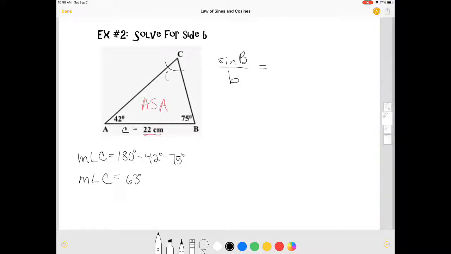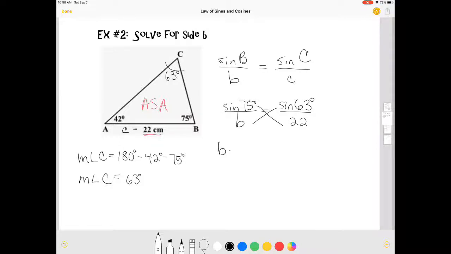So I can put that in my diagram and use it for the sine of angle C over side C. Now that I have all the numbers except for side B, the sine of angle B is sine of 75 over B, which I don't know, equals the sine of angle C, 63 degrees, over side C, 22 centimeters. And now, just like before, we cross multiply.